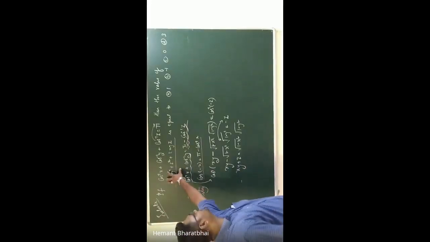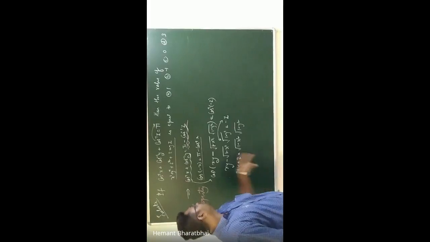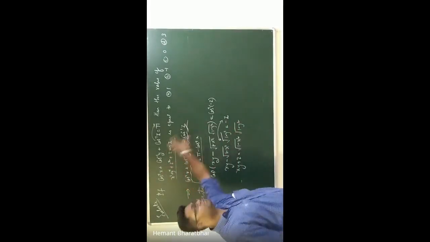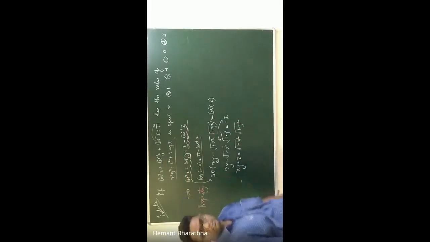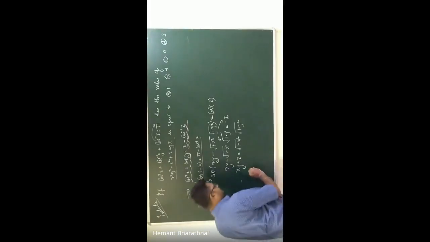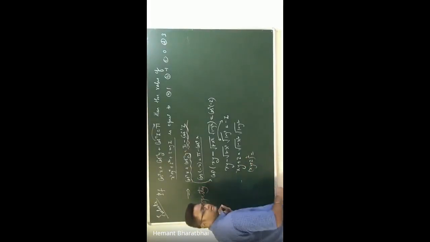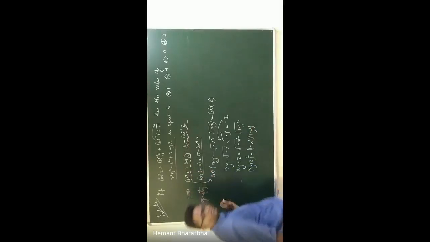Almost we are on the verge of getting what they have asked. But I don't want the square root, I want the x square y square term. So I'll square on both the sides, so the square root will get cancelled, and I'll get xy plus z the whole square is equal to 1 minus x square into 1 minus y square.